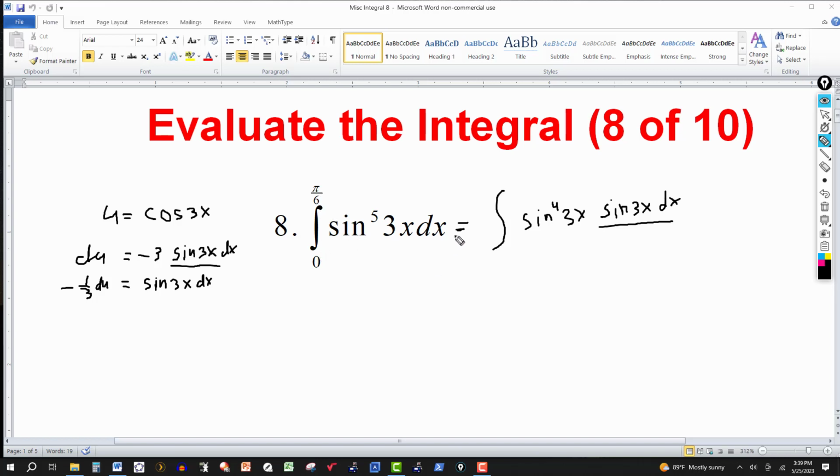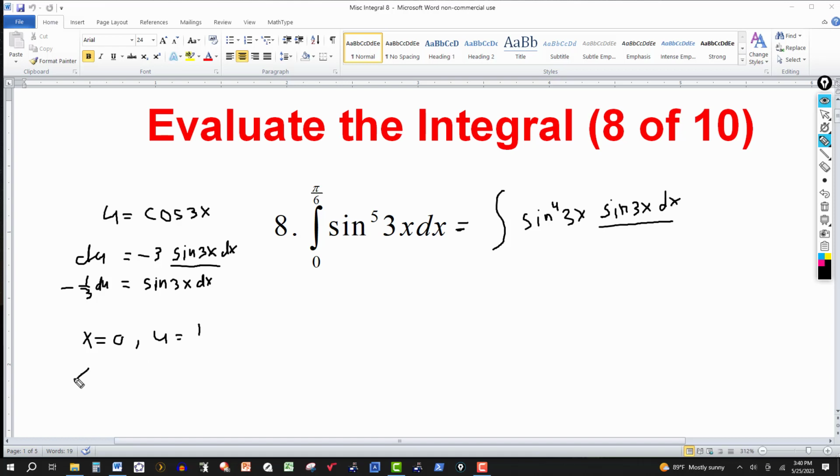But what I'm going to do is transform everything into u. So I'm going to want the limits in terms of u. Right now the limits are x equals 0, x equals pi over 6. So if x is equal to 0, that would imply that u is equal to, going back over here, plugging in a 0 where the x is, cosine of 3 times 0 or cosine of 0, and that's 1.